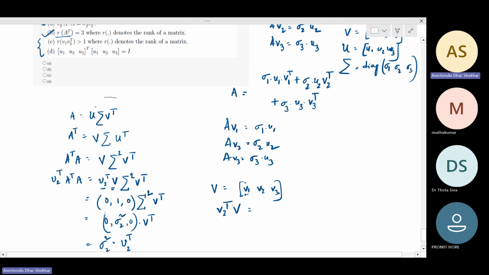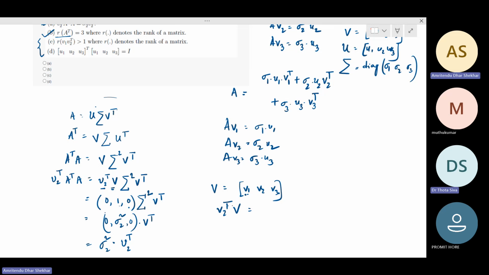Now this is an orthonormal matrix, so that's why you get 0, 1, 0. Here we are multiplying with the V2 vector, which is basically the same as taking an inner product, and so you get 0, 1, 0.